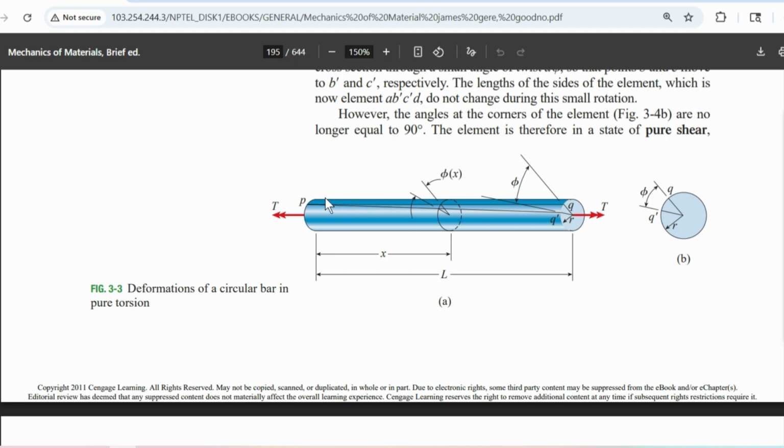If the length isn't very much, this distance, Q to Q prime, isn't going to be very much. And now I'm bummed out, because see how Q to Q prime is represented as an angle? This angle actually remains the same. This angle is not a function of the length.